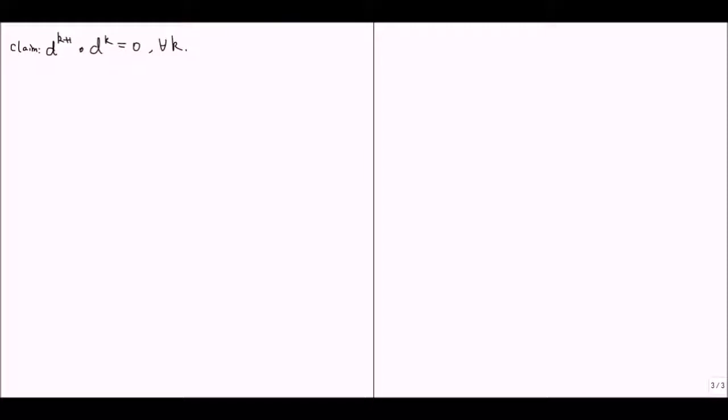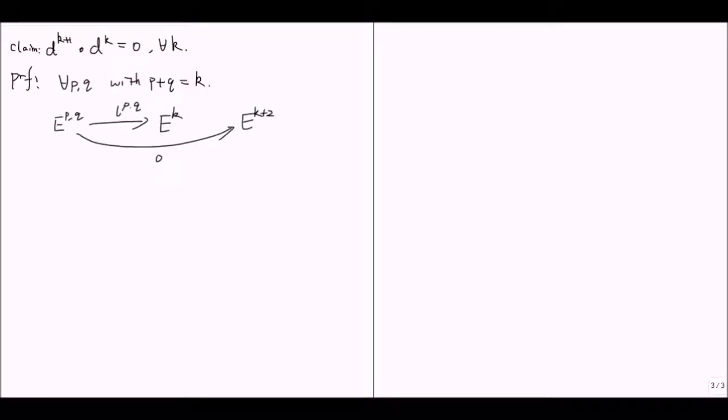Now we need to show d^{k+1} composed with d^k is 0 for any k. For any p, q with p plus q equal to k, we consider the following diagram. The map from E_{pq} to E^{k+1} is the 0 arrow.